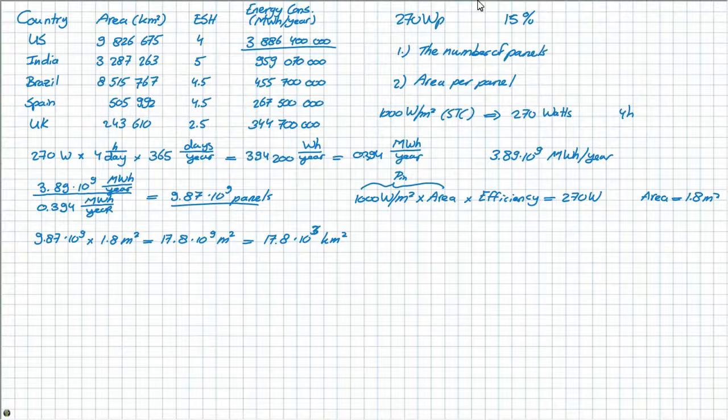Then you calculate the area percentage of US, which is the area of all panels divided by the area of the US. So let's do this. We take the area of all panels, which is 17.8 times 10 to the 3 kilometers squared, divided by 9.83 times 10 to the 6th kilometers squared, times 100%.